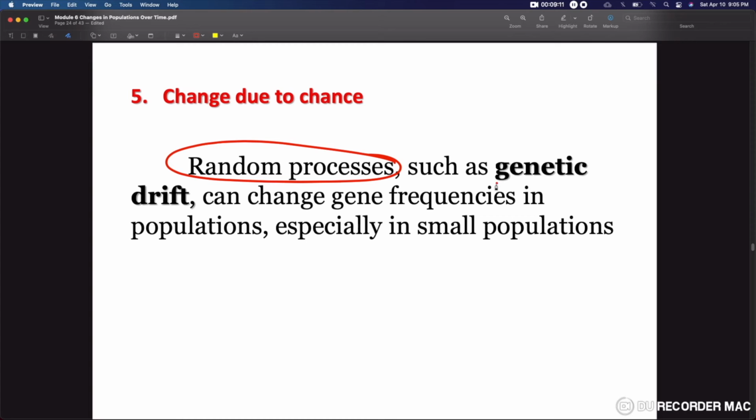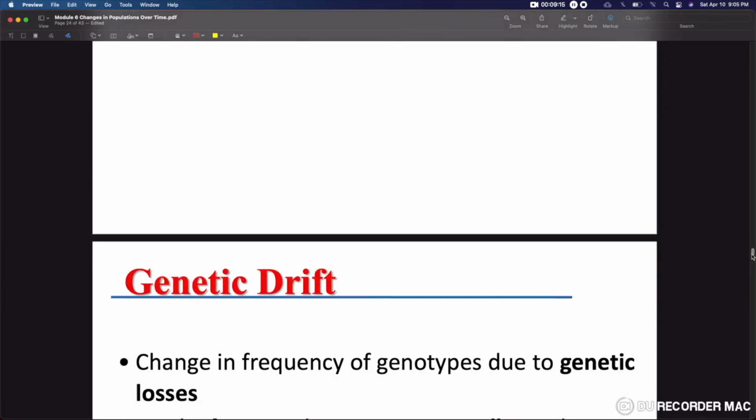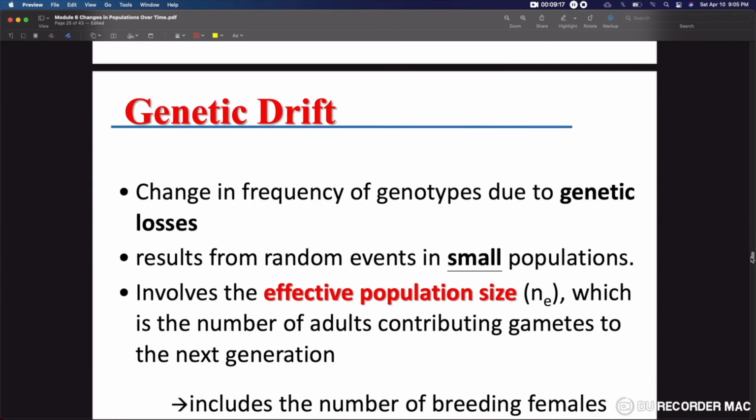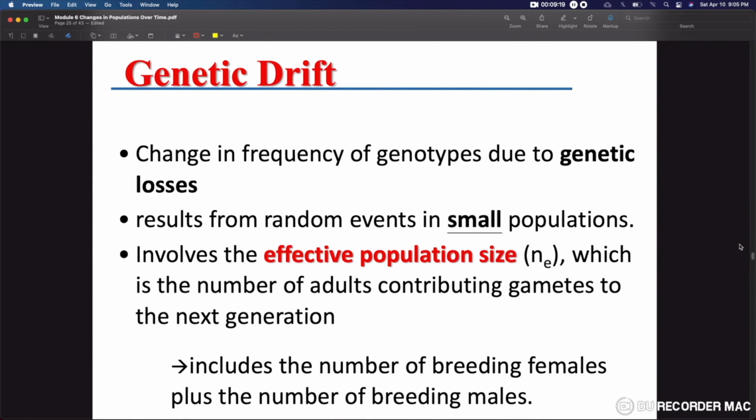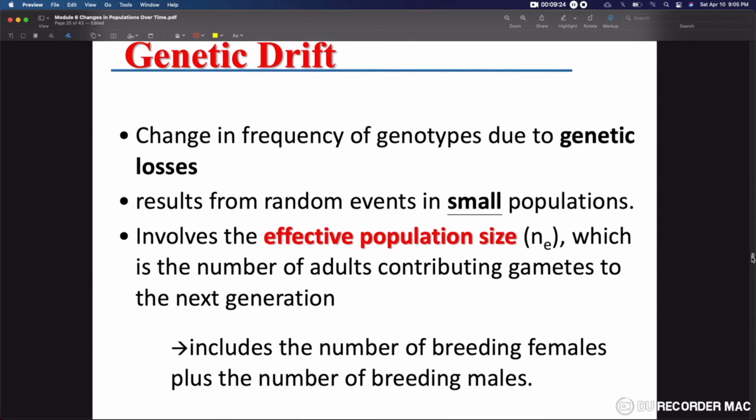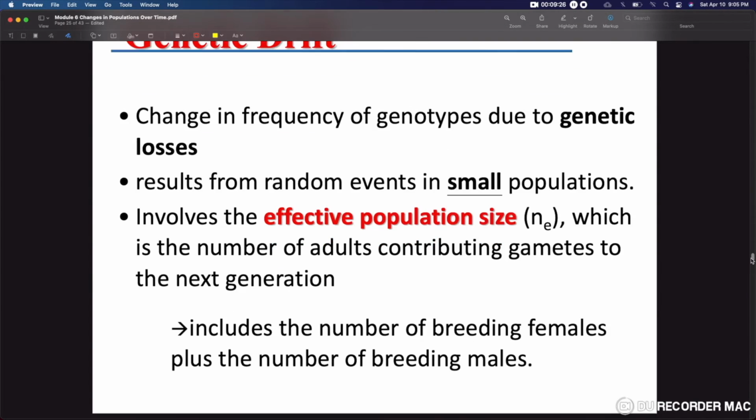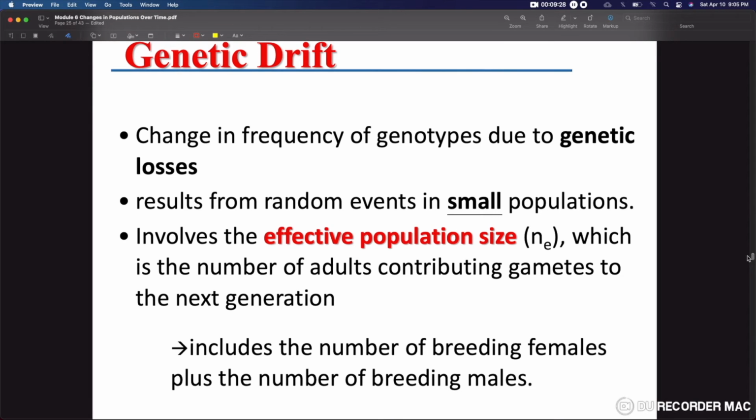For example, number 1 is genetic drift. So let's look at genetic drift. So genetic drift is the changes in frequency in genotype due to genetic losses. No? This usually results from when you have smaller population, since your smaller population are vulnerable to loss. Yep.